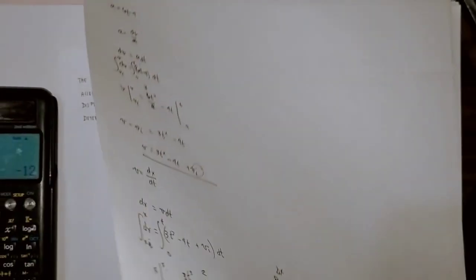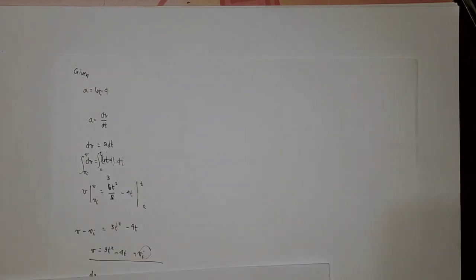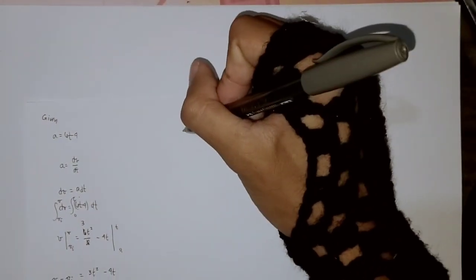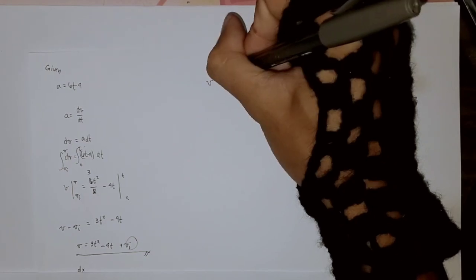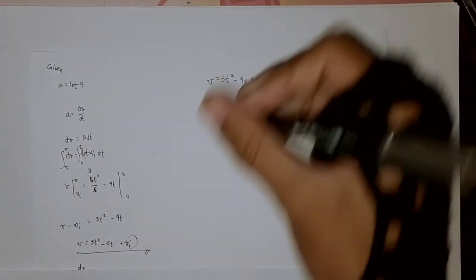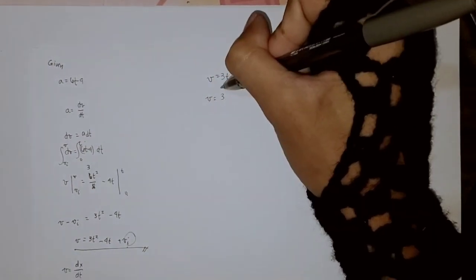And then we need to get the velocity of the particle at the end of the displacement. So all we need to do here is, at the end of the displacement, use the formula for velocity. V is equal to 3t squared minus 4t plus the initial velocity. Substitute this with the initial that we calculated, negative 6.